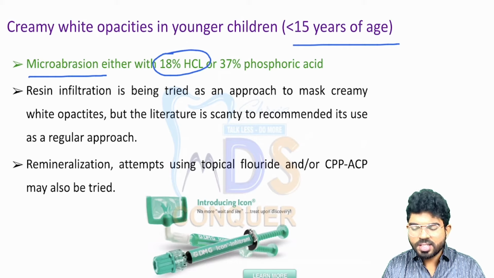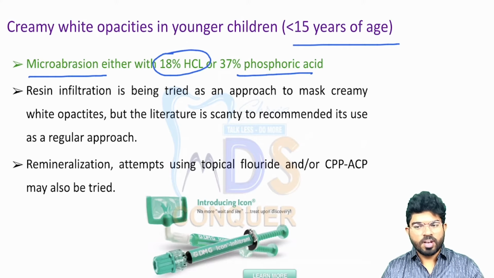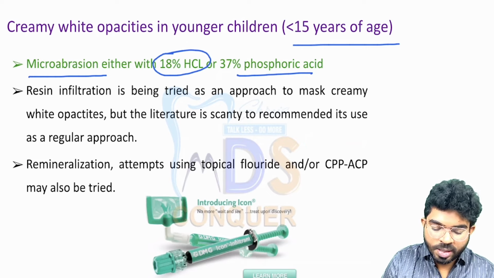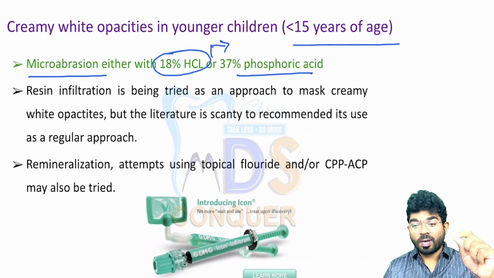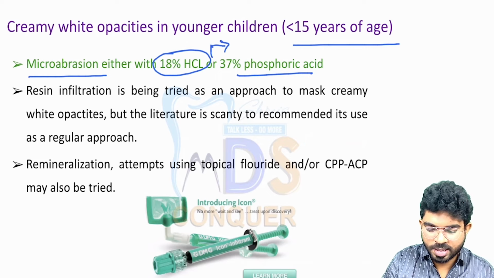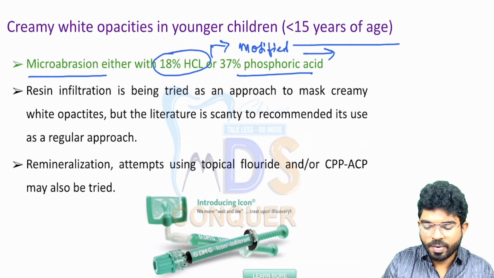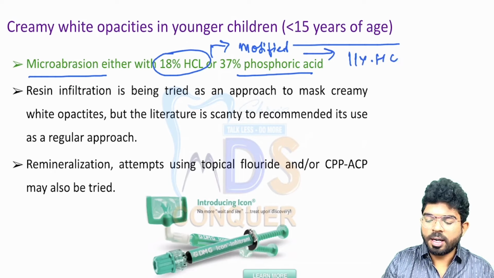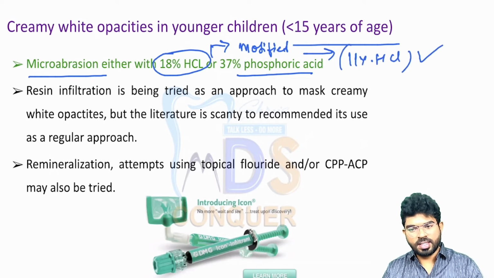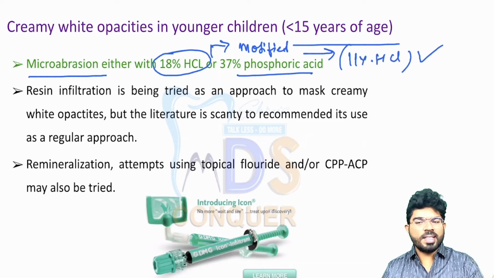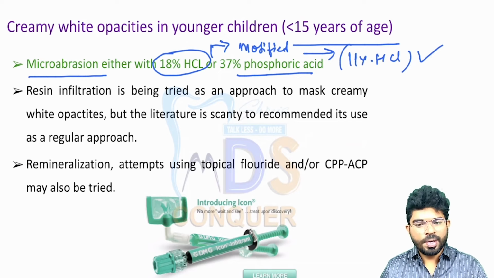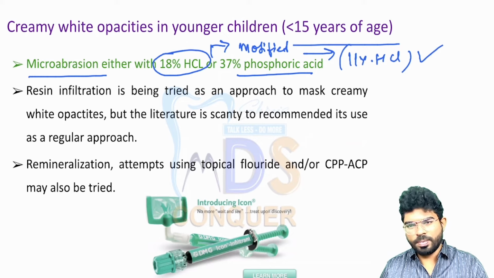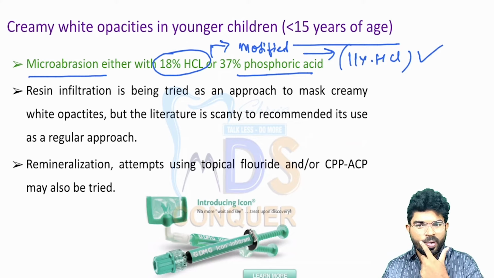In very few conditions you can use 37% phosphoric acid, but I want you to stick to 18% HCl. There is something called microabrasion by modified Krol's technique, which we have already discussed. In modified Krol's technique, 11% HCl is used, so the updated answer is 11% HCl. If you don't have 11% HCl, then go for 18% HCl as the answer, which is already covered in your operative part.